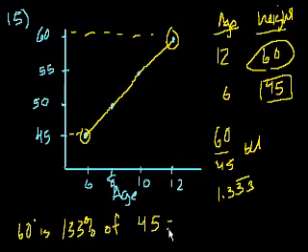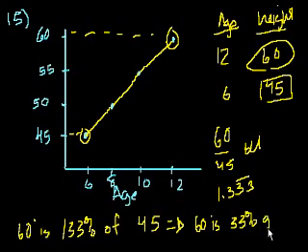This is the same thing as saying that 60 is 33% greater than 45. Hopefully you understand what I'm saying. Saying one thing is 133% of another thing is the same as saying the first thing is 33% greater than the second.